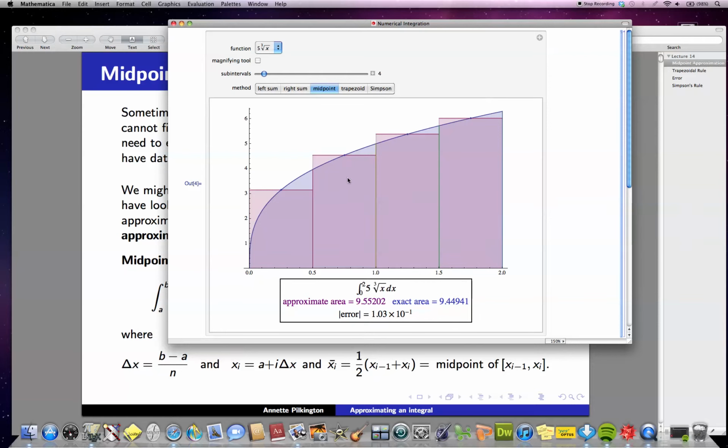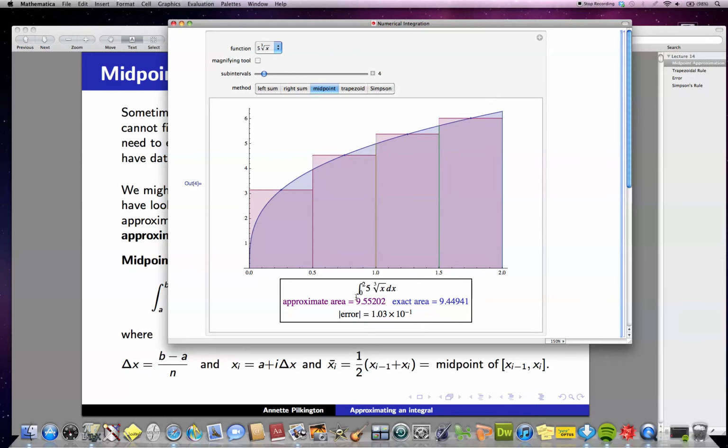And then my approximation is to sum the areas of these 4 rectangles. And you can see that in some places they overshoot the curve and in some places they undershoot. And one would expect that we would get a pretty close approximation to the area under the curve here.